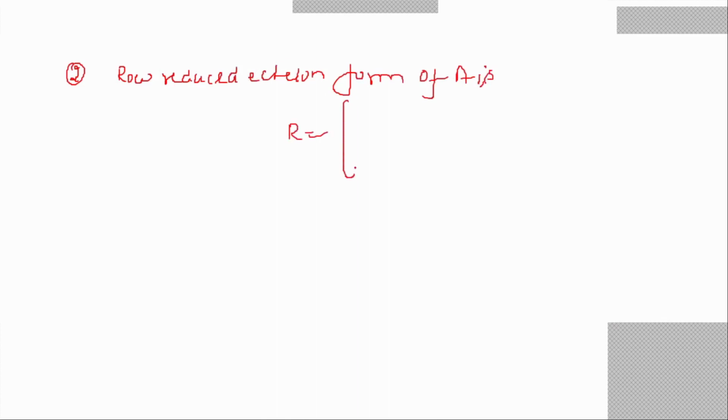So the row reduced echelon form in this case, question number 2: the row reduced echelon form of A is this R, which is equal to, what will be the first row?